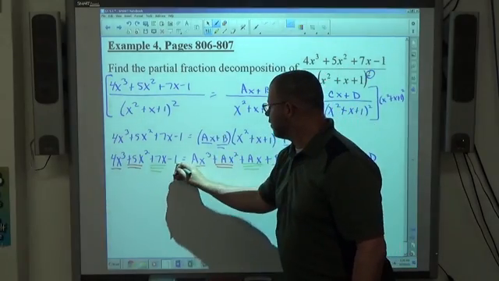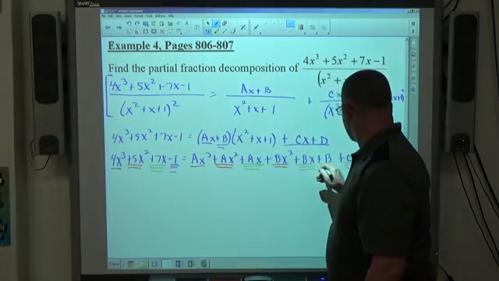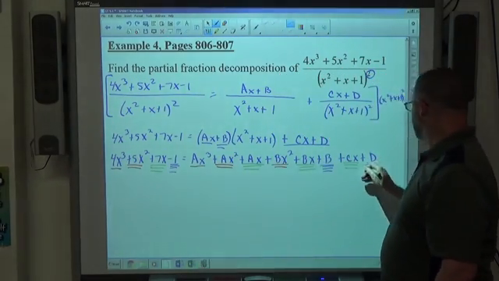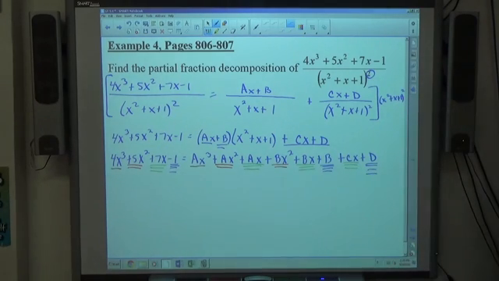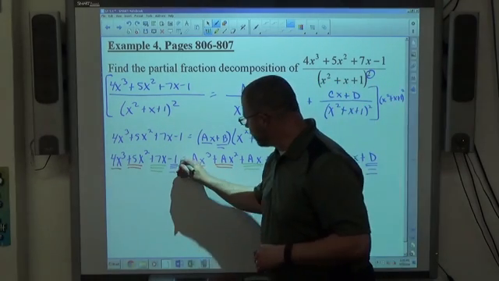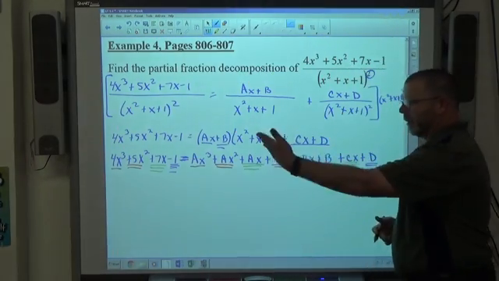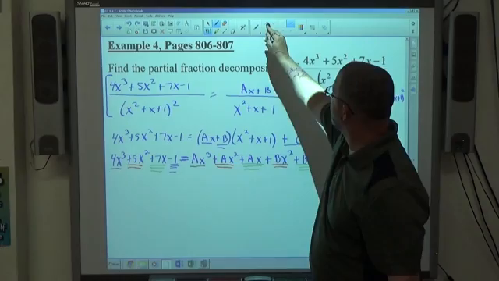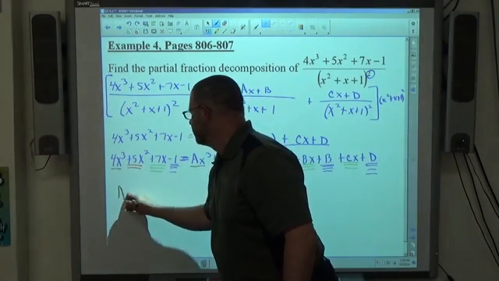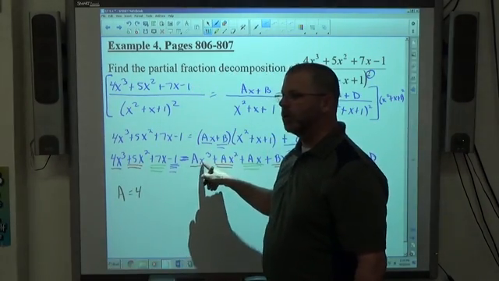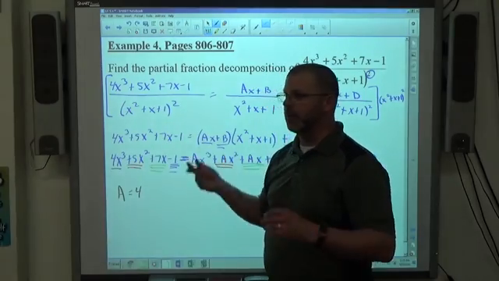And finally, this is minus 1, this is b, and this is d. Equal signs right here, over there so you can see it. So comparing left to right, obviously a is equal to 4, right? There's only one x cubed term. It's supposed to be 4x cubed, so a has to be 4 to make it 4x cubed.